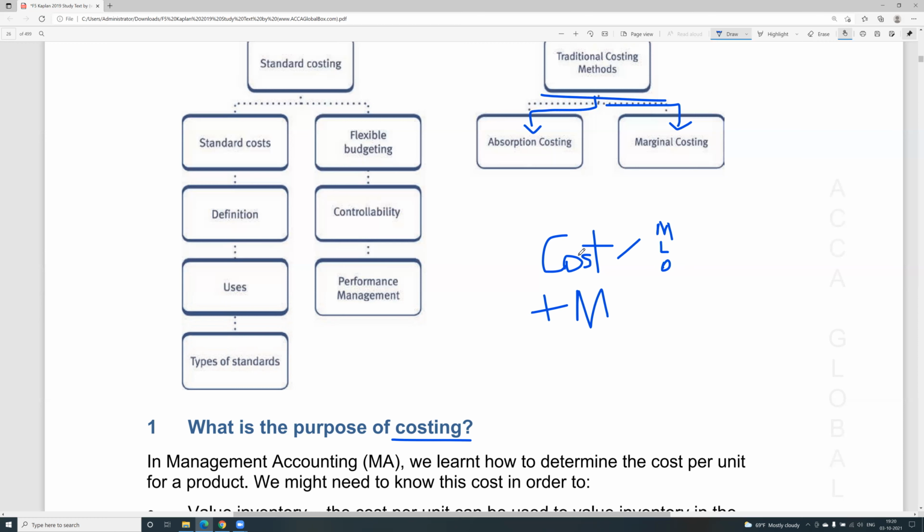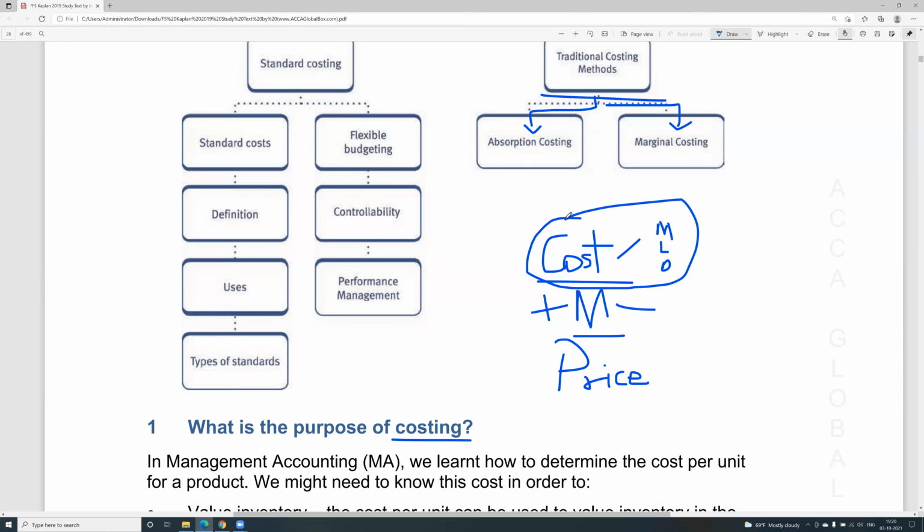Then you add your margin and set your price. So on every unit sold, you have a margin and a price, and you get something out of it. Understand that setting this margin is also a question. That's nothing but price setting policies. But for that you need to know your cost.